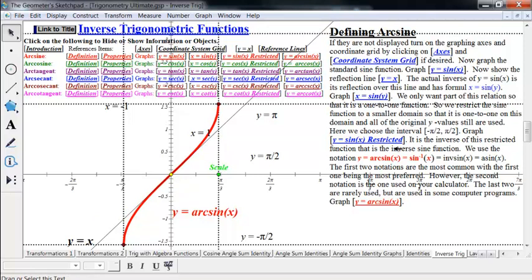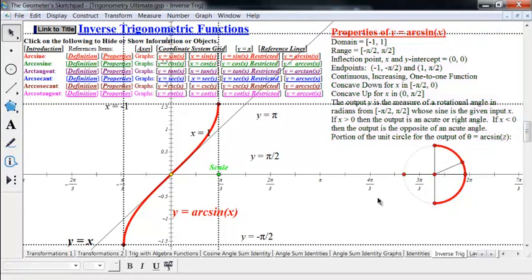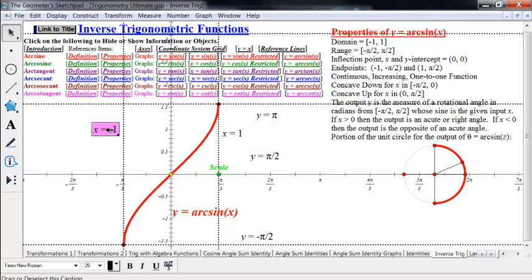Okay, so let me close out that definition, and let's look at some properties that we might notice here. What is the domain of the arcsine function? Well, the domain is the set of all first coordinates, and it's the same as the range of the sine function, which is negative 1 to 1.